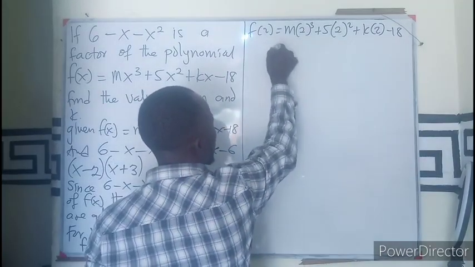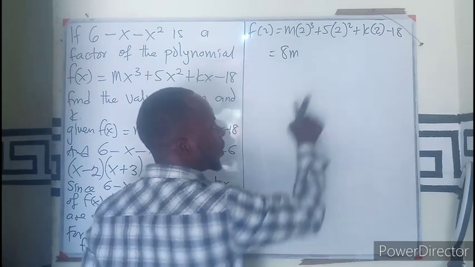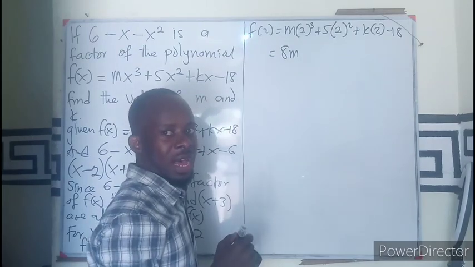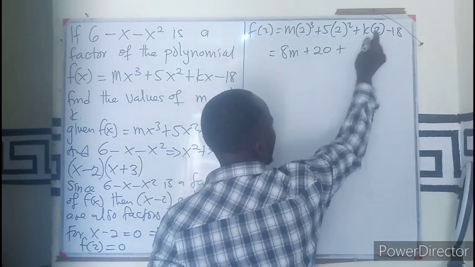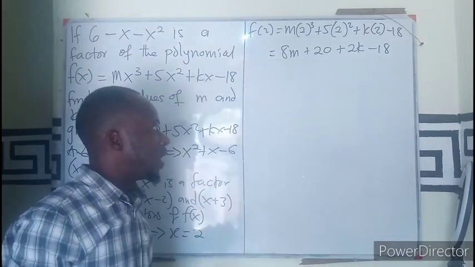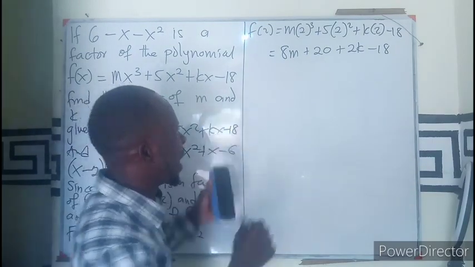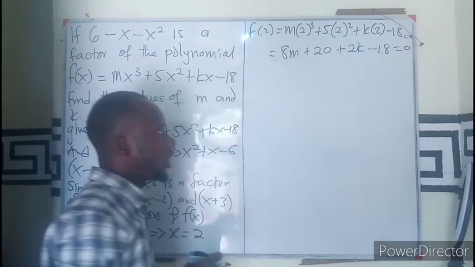So I believe in this I'll have 8m, plus 4 times 5 will give us 20, plus 2k minus 18. We are still having constants, so we can operate on that. Don't forget, we are saying this expression will be equal to 0. So let's include that.